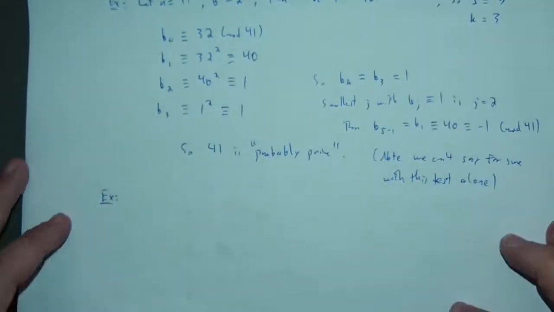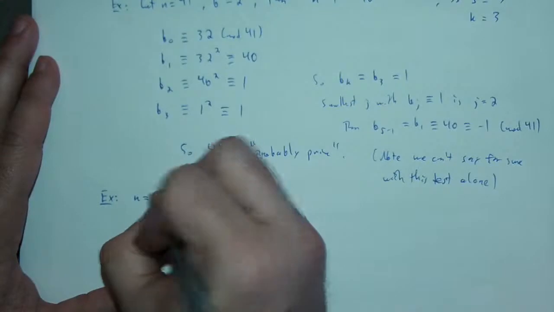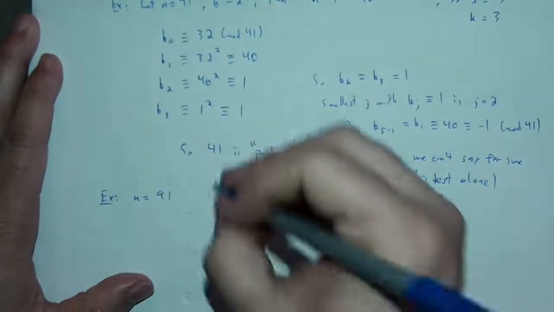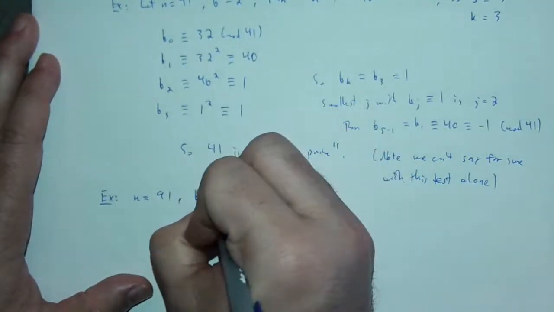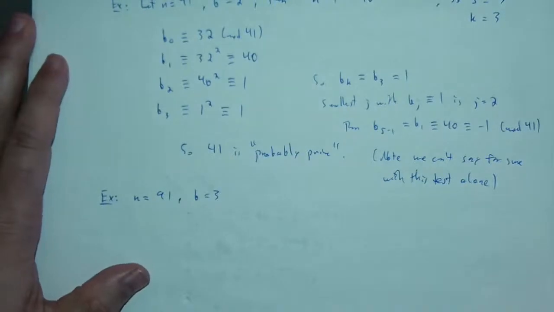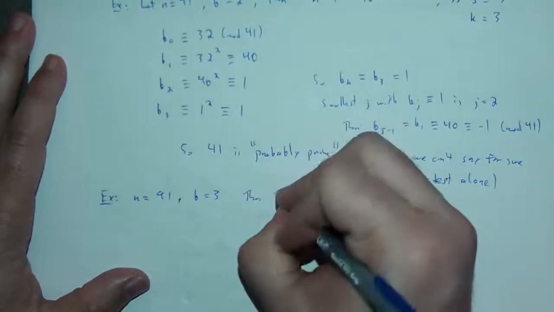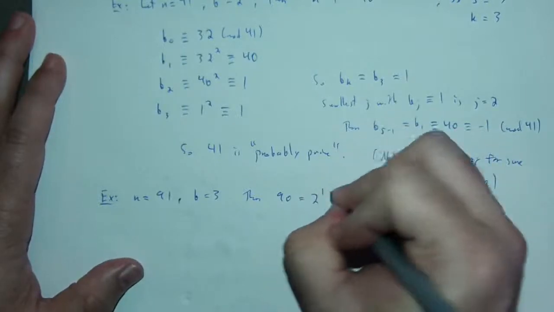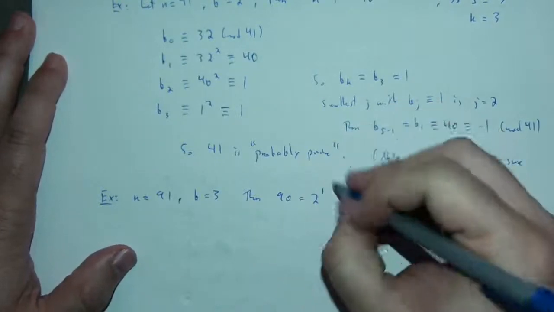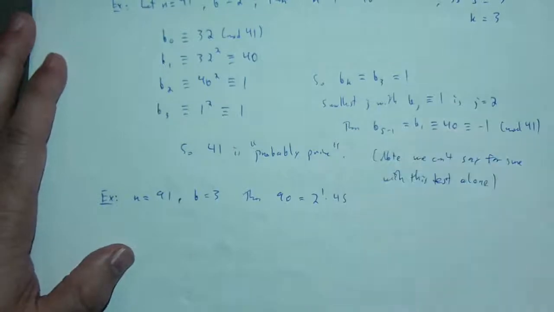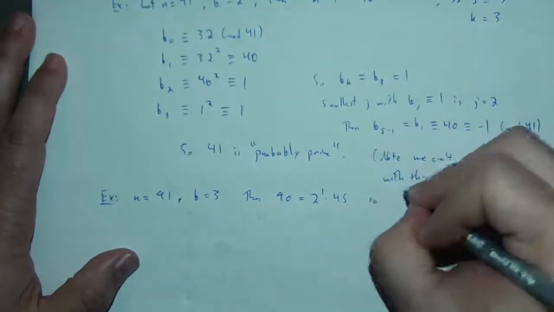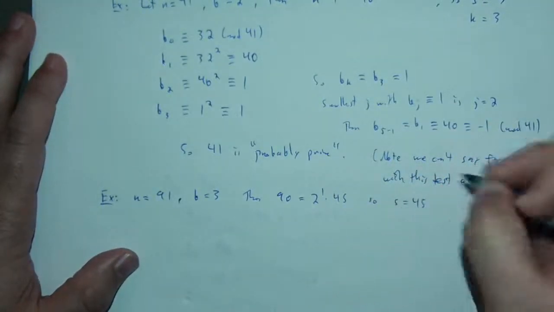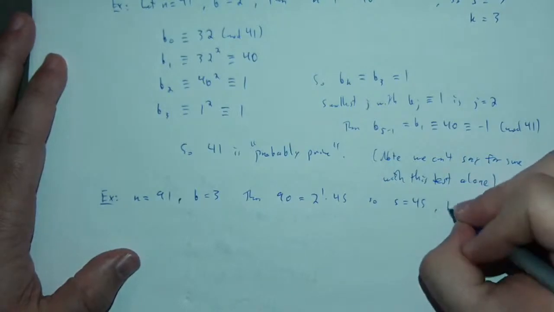Another example is if n is 91, b is 3. So then 90 is 2 to the first times 45. So s is equal to 45 and k is equal to 1.